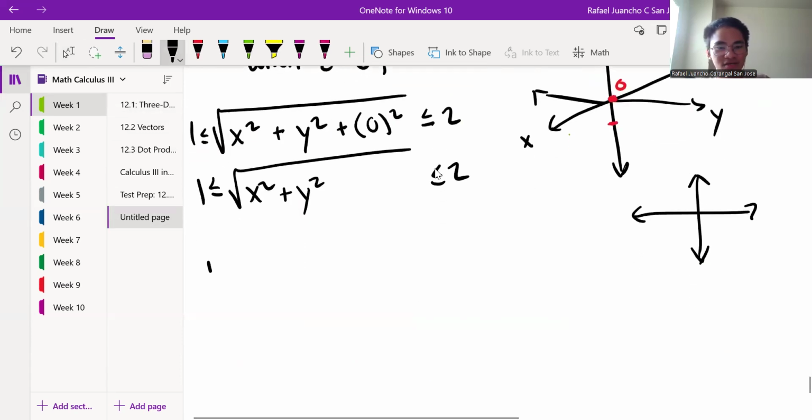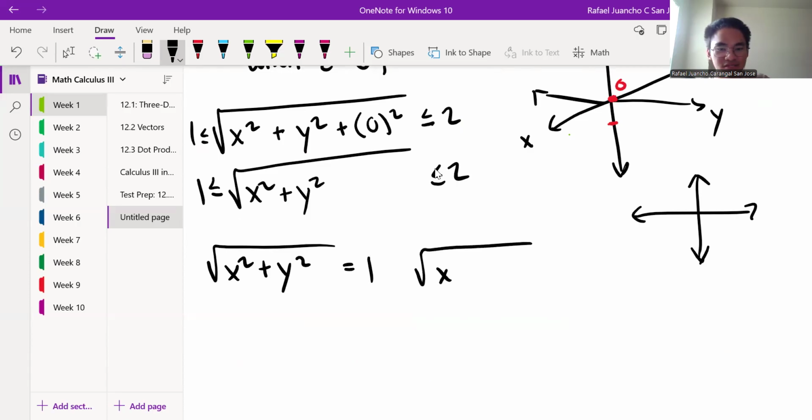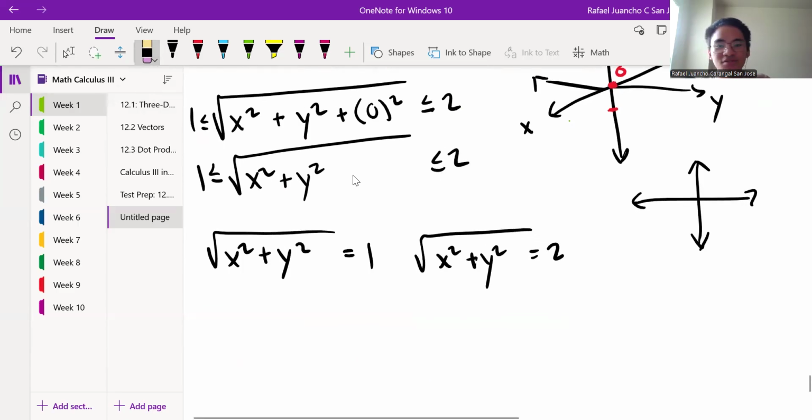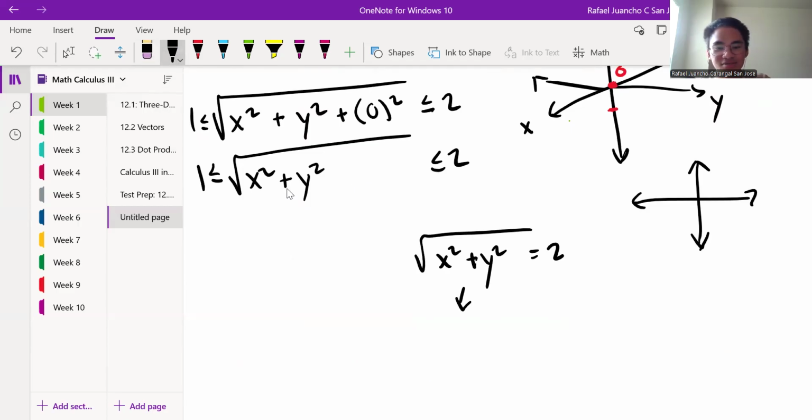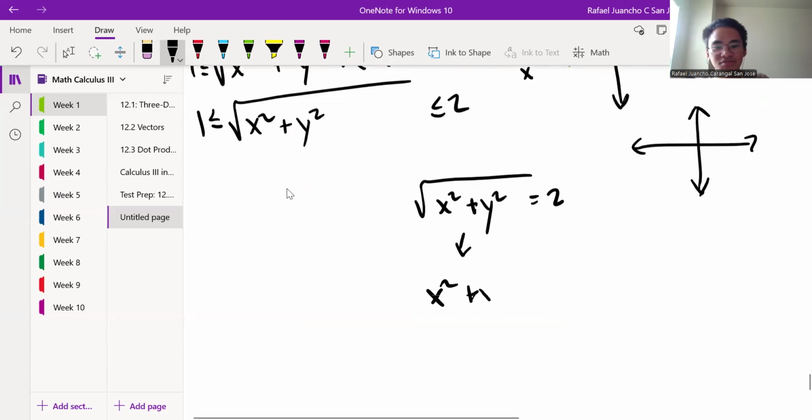We have this thing. We have either x squared plus y squared is equal to 1. And then we have this thing where x squared plus y squared is equal to 2. Actually, let's focus on the upper bound. This is actually the same as x squared plus y squared equals 4.